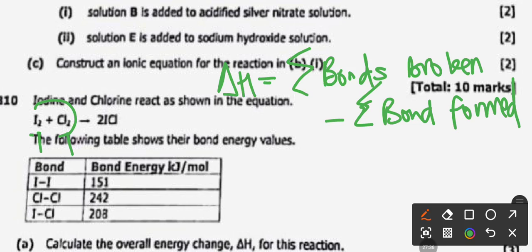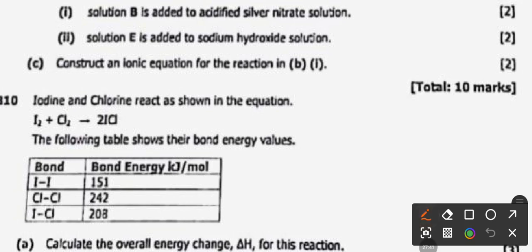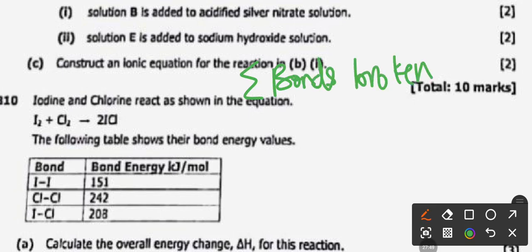Okay, so as a start, let us have the energy for bonds broken. Bonds broken is equal to iodine plus chlorine.